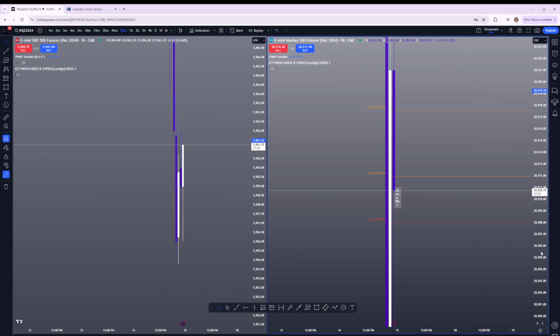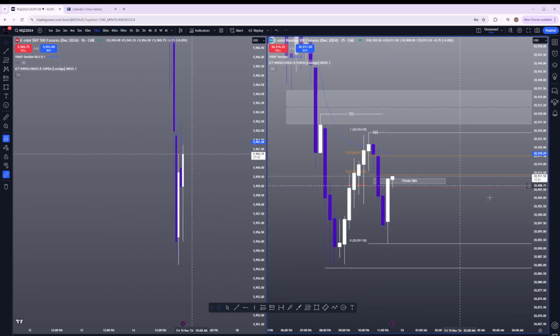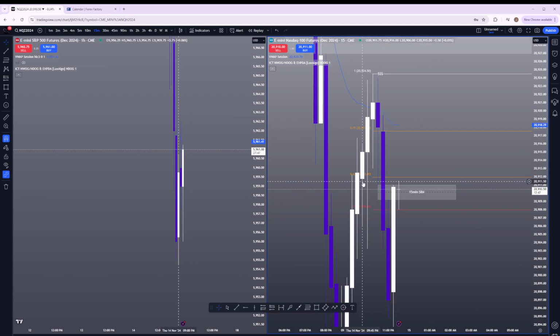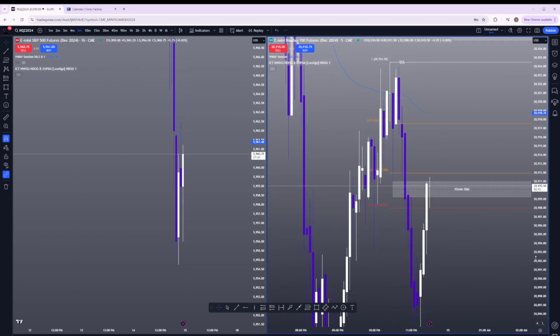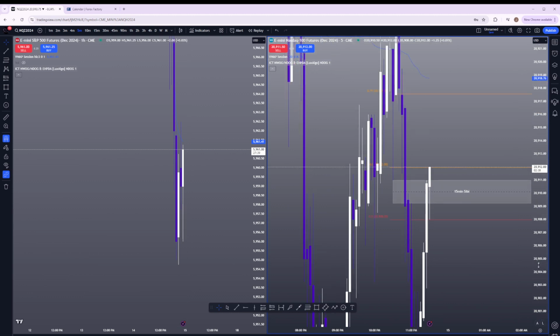All right, guys. I don't know if I'll end up taking a trade here. I almost want to just save my capital for tomorrow morning and go crazy tomorrow, if there's a good A+ setup.